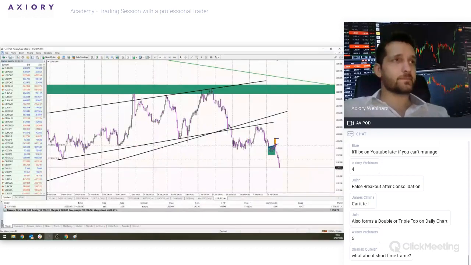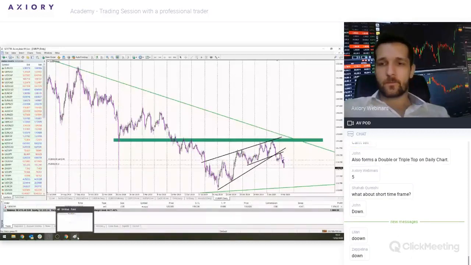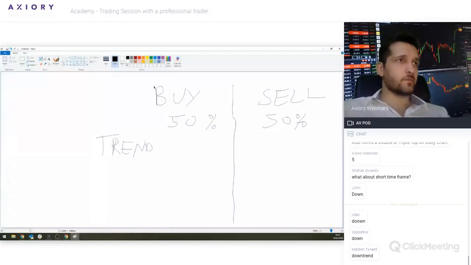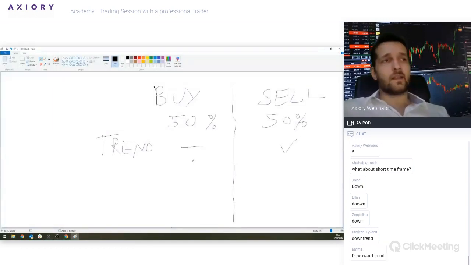Again, guys, what is the trend here? Please. Downtrend. Thank you very much. Check. Now chances for the price to go down are 60% to 40%. Do we trade?